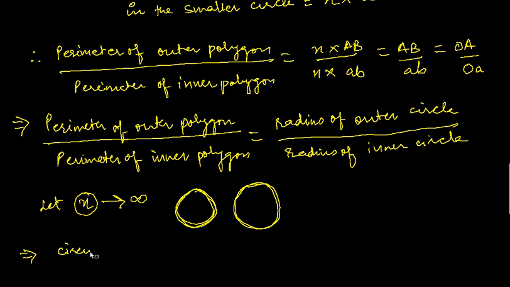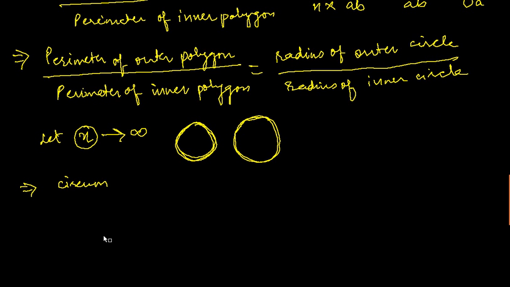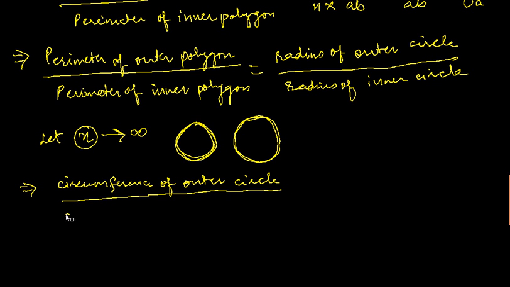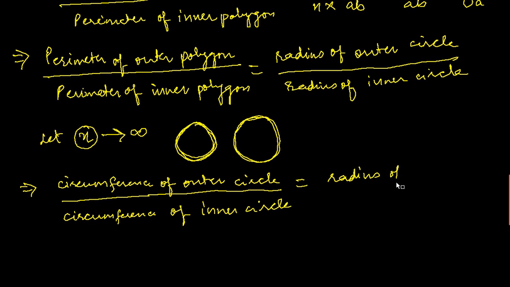circumference of the outer circle divided by circumference of the inner circle is equal to radius of the outer circle divided by radius of the inner circle.